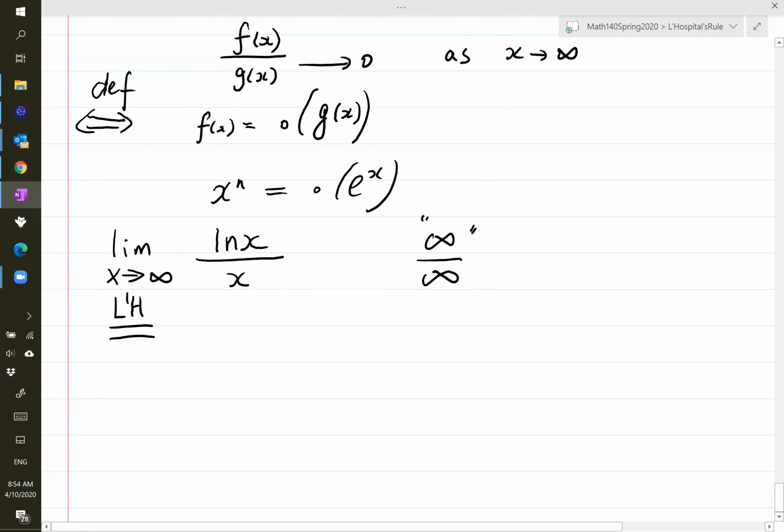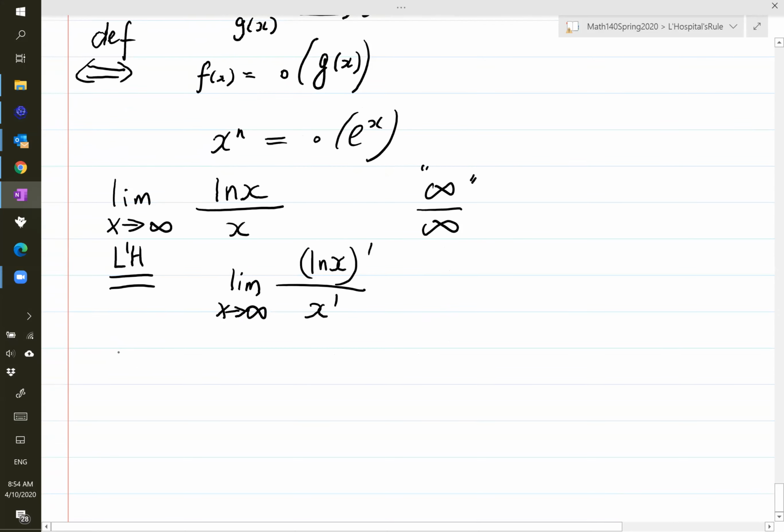We take the derivative of the numerator over the derivative of the denominator. The log x derivative is 1 over x, and the x derivative is 1. So this is the limit as x approaches infinity of 1 over x.